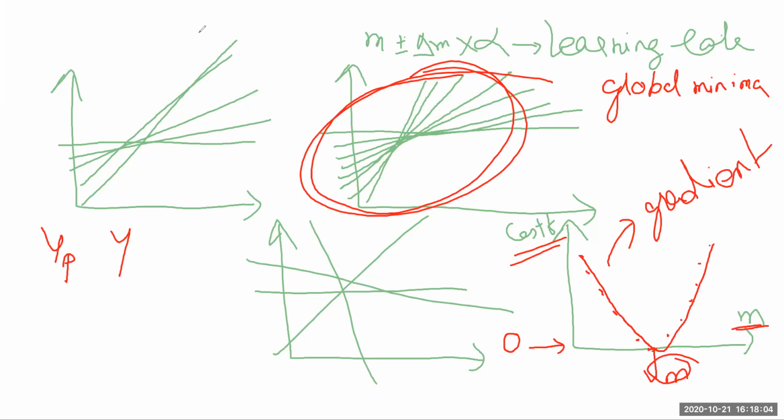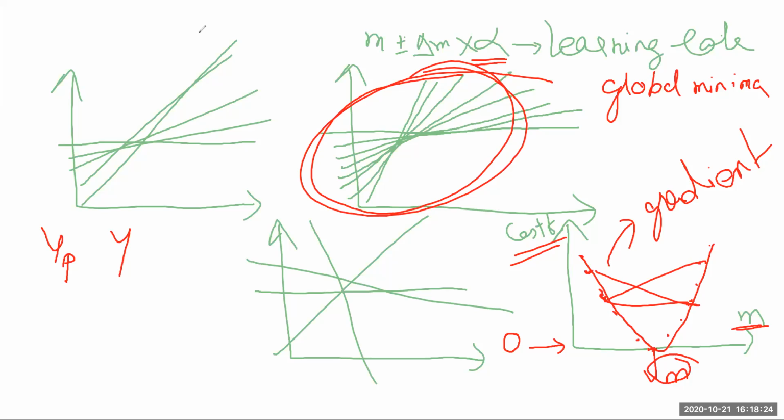But if the alpha is very high, what will happen? From this m value, I may jump straightaway here. The next point could be this. From this m value, I may jump here. So I'll not get a gradual change in my algorithm.